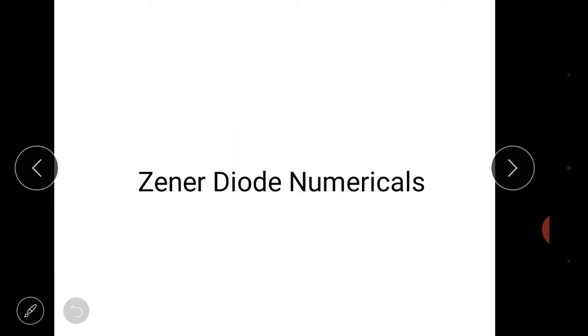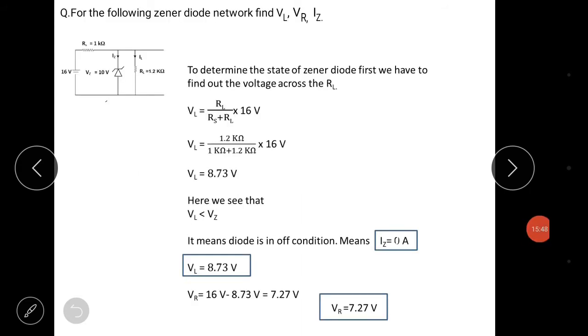Now come to Zener diode numericals. For the following Zener diode network, we have to find VL, that is the voltage across the load resistance, VR, and the Zener diode current Iz.